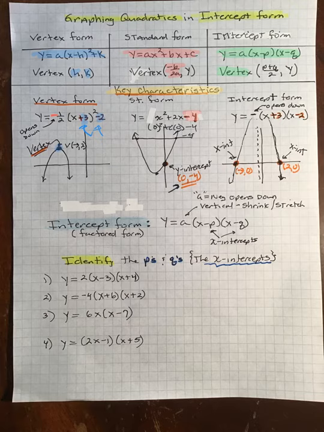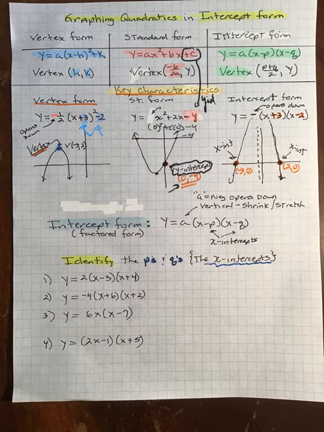So the c is always going to be the y-intercept. When you plug in 0, you just end up with c, the y-intercept. So if it's in standard form, you can quickly see where the y-intercept is going to be on the graph. But if you want to find the vertex, you'd have to do a little bit of math, and we know if it's opening up or down by whether it has a reflection or not. So that's the key characteristic of standard form. Not all that great, but it gives us a little piece of information.